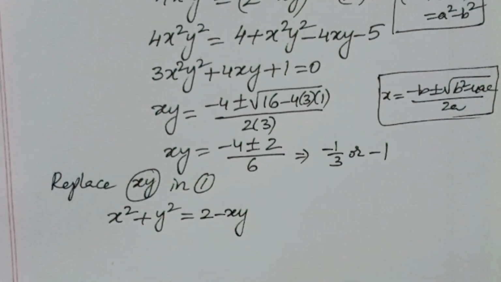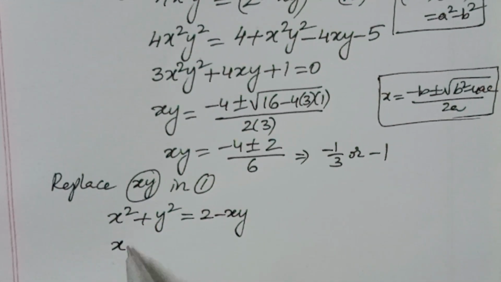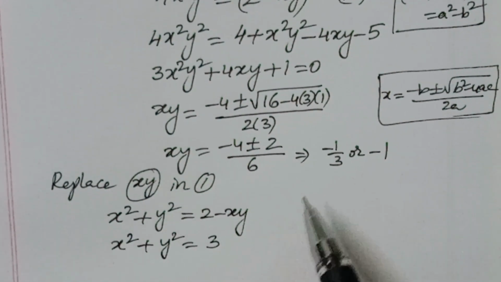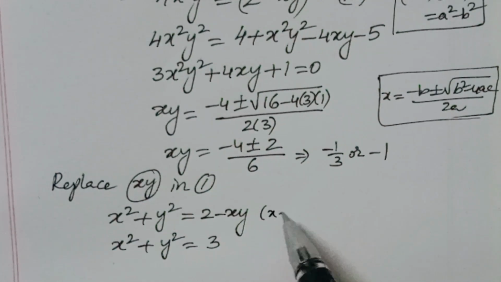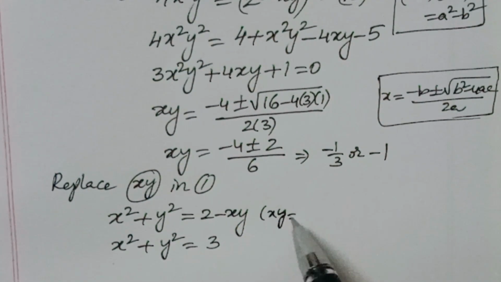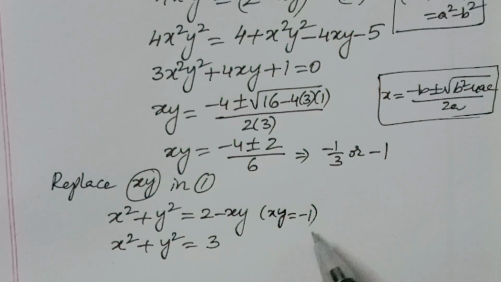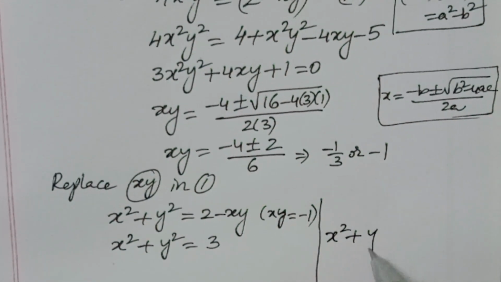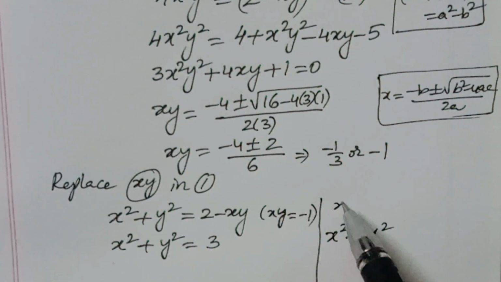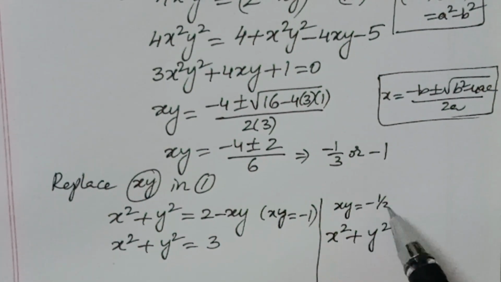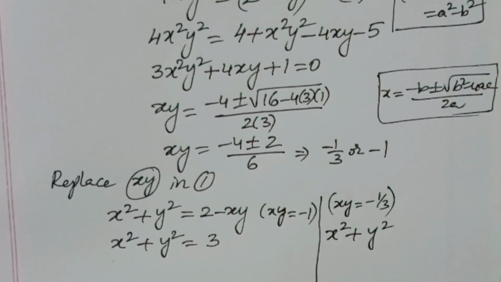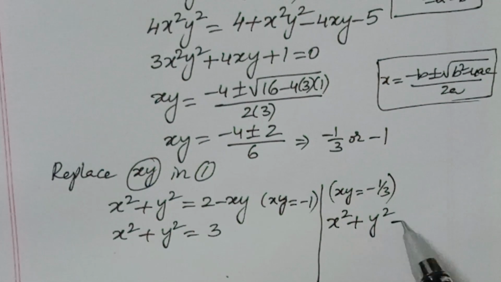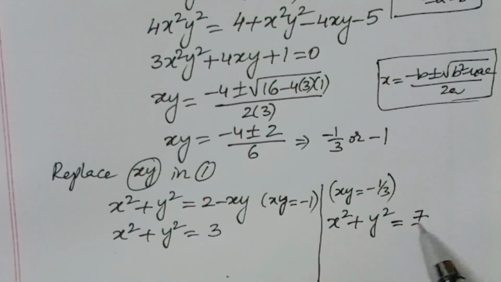If you substitute the value minus 1 here, you will get x square plus y square is equal to 3, if you take xy equal to minus 1. Now the second one, what will we get for x square plus y square if you take xy equal to minus 1 by 3? If you take xy equal to minus 1 by 3, x square plus y square is equal to 7 by 3.